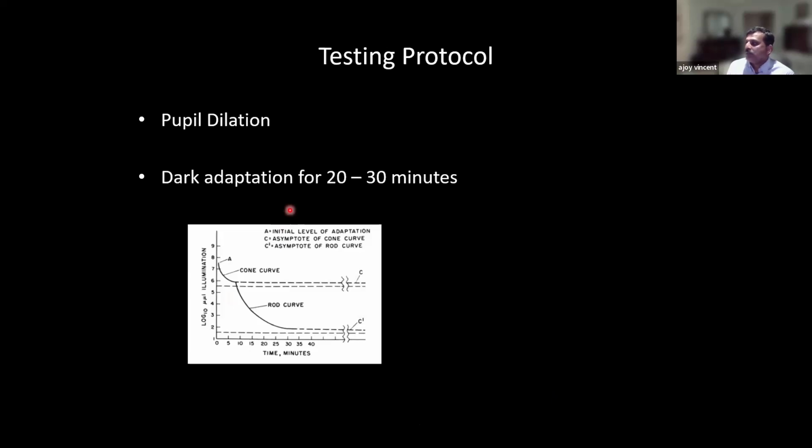Now let's briefly go through the testing protocol. Typically the eyes are dilated, and the eye is then dark adapted for a minimum of 20 minutes. Now, the question is, why should the eyes be dark adapted for 20 minutes? Below, you would see in the schematic a dark adaptation curve.